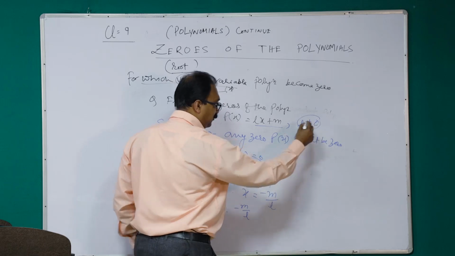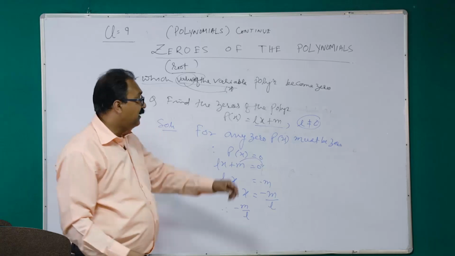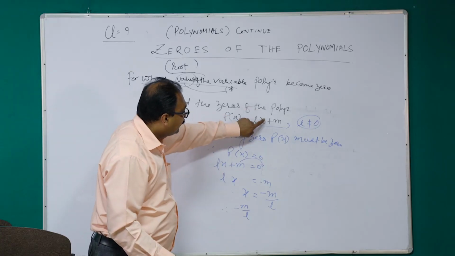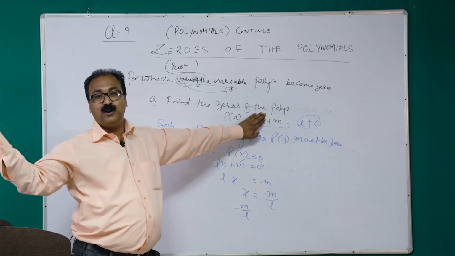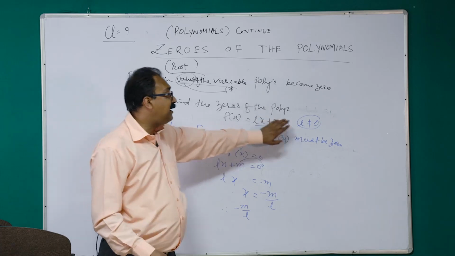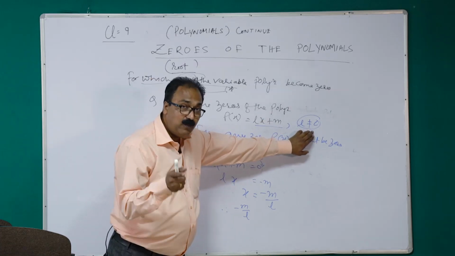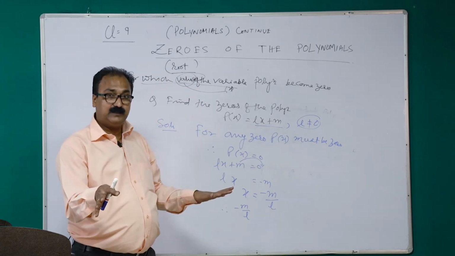Why? Many times you can find in the question paper, l should not equal 0. What is the meaning? If l is 0, this part is 0, no variable. If there is no variable, no polynomial, just a constant term, how can you solve? We cannot solve. That's why please maintain this reason always. This is a very good, important reason. L cannot be 0. Clear?